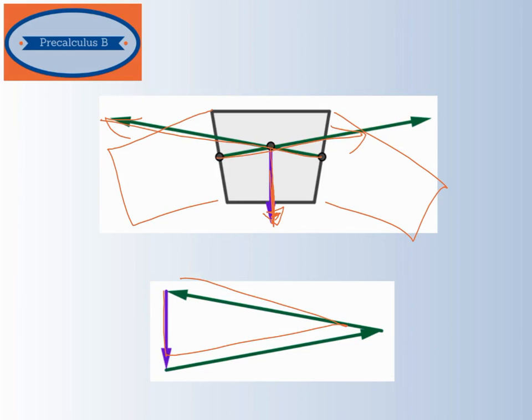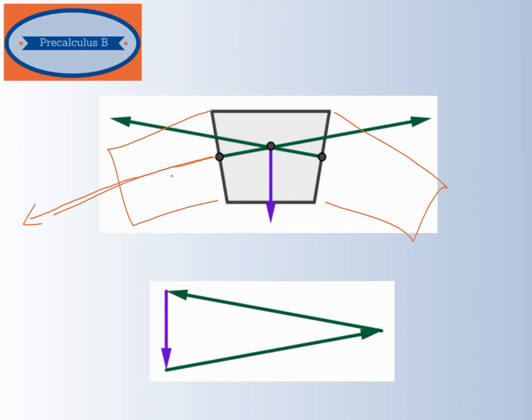But because we have this force going off in this direction holding it, we have these two green forces being pointed in two different directions. If I have one in one direction, I'm going to have one in the opposite direction, because if there's a force pushing to the right on the stone in the middle, then there's going to be a force to the left on the stone to the left. It's the sum of those forces in the outward directions that determines whether or not this arch stands.